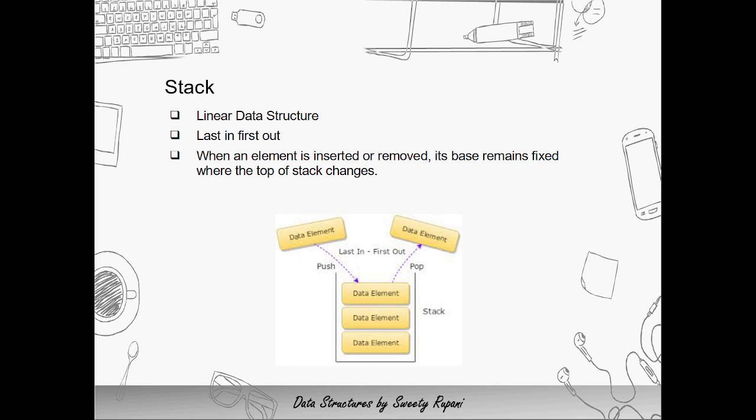So the element that is kept in last would come out first. When an element is inserted or removed, the base, that is the values that were inserted below that particular element, would remain the same. And top is a variable that keeps track of where the last value is, who is on the top of the stack.